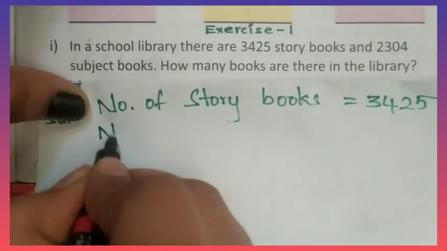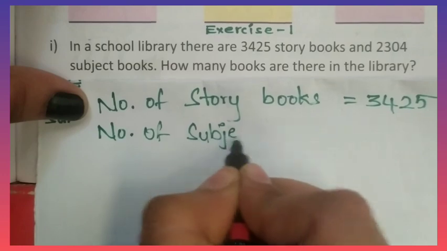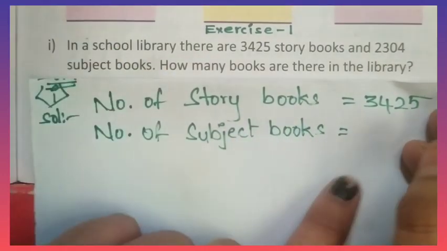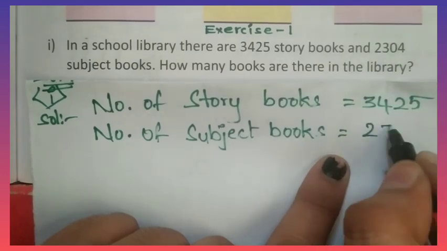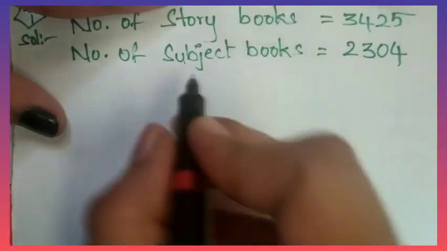Now, number of subject books. How many are there? 2304. So, we'll write these numbers here.